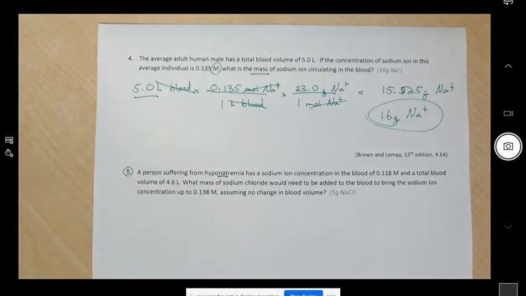So, first thing that we need to do in this case, and there's a couple different ways you can solve this, I'm going to figure out how many moles of sodium I have and how many moles of sodium I need. And then I'm going to use that to help me figure out how much I have to add.